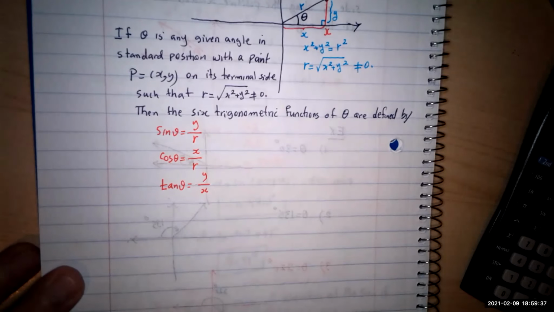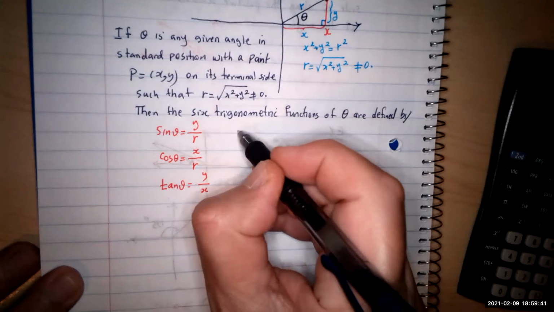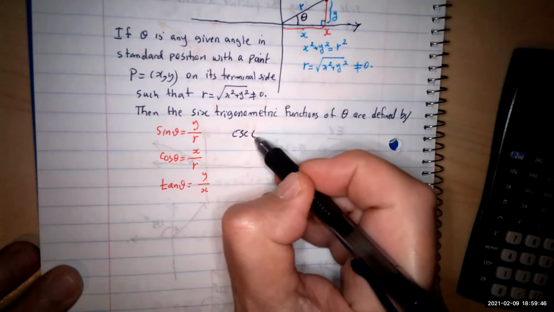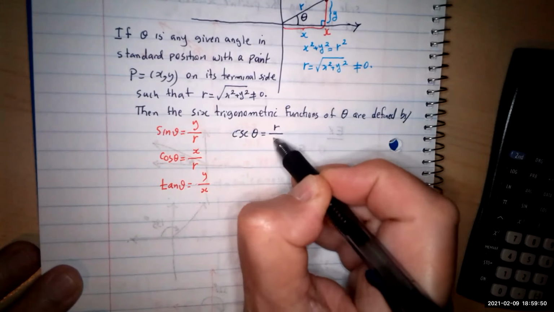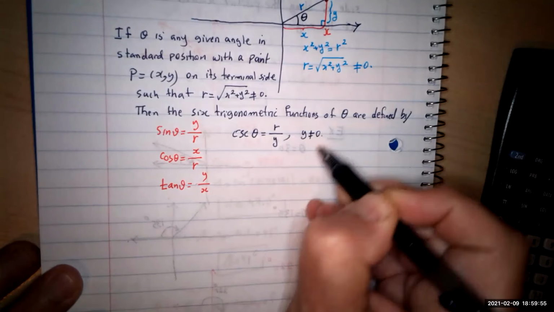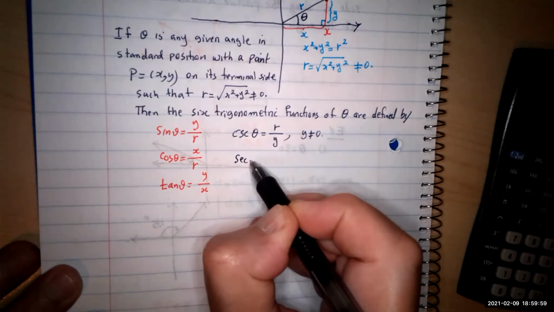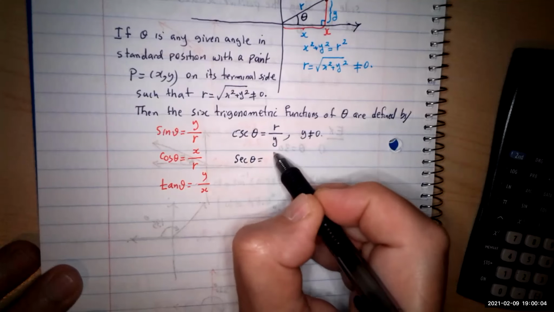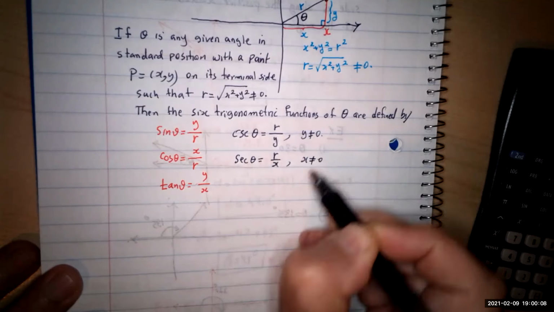The other three: if you want to define the cosecant, we find the sine and just use the reciprocal. So it's r over y. Of course, you have to impose the condition in this case that y is not equal to 0. Then the inverse of the cosine would be secant, which gives you r over x, again with x not equal to 0.